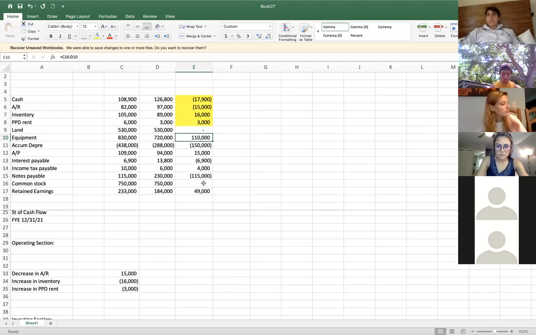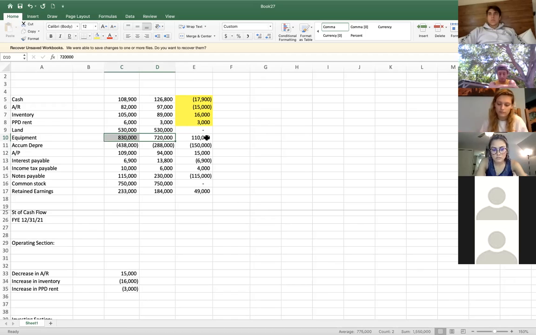Do you need that additional information? Yes. Why? Because it's going to affect the balance of equipment. It does, but do I know just from looking at my balance sheet that equipment went up 110,000? Yeah. Did I need a sentence to tell me that? No, I can look at my balance sheet and see that. Okay. I didn't need number 2 to tell me that, so pretend it's not there.